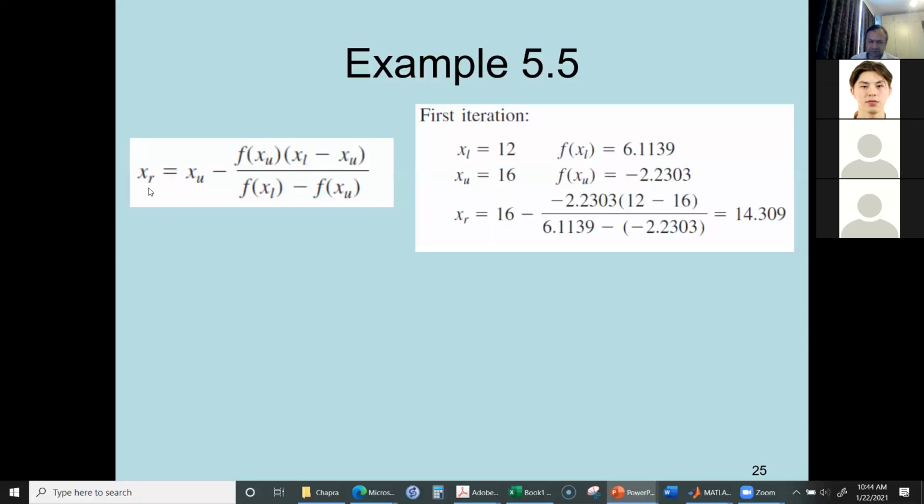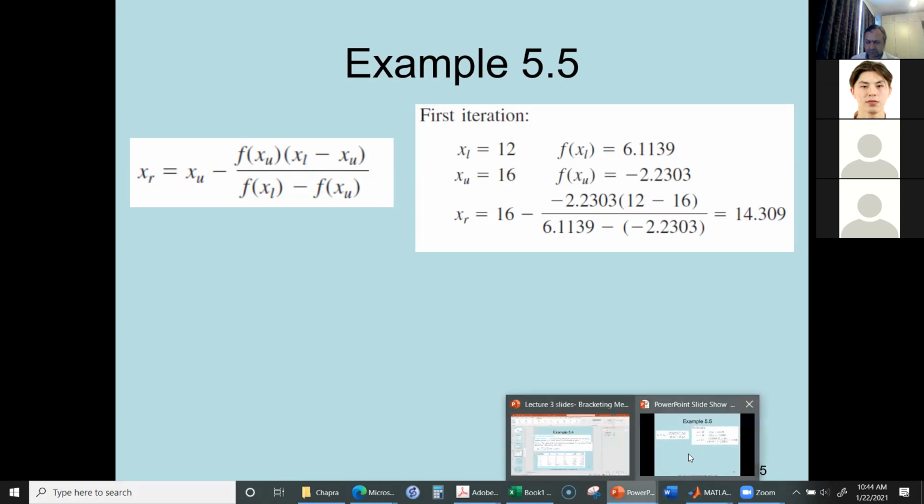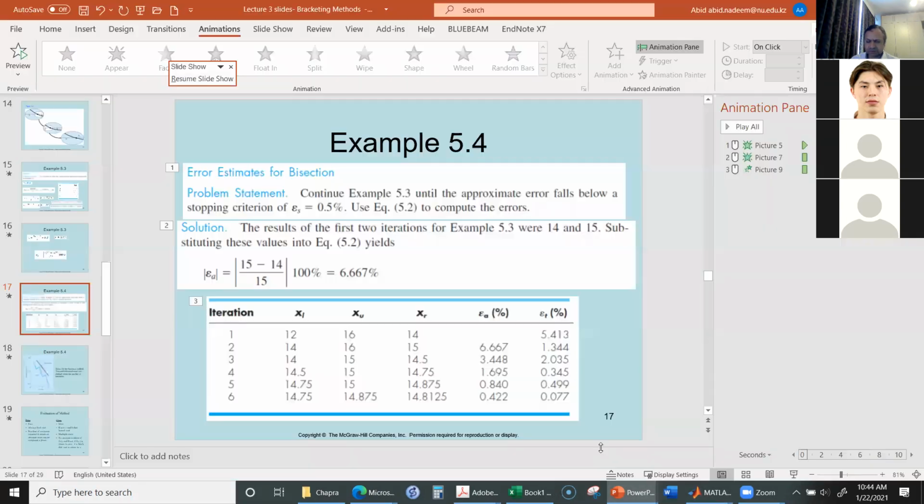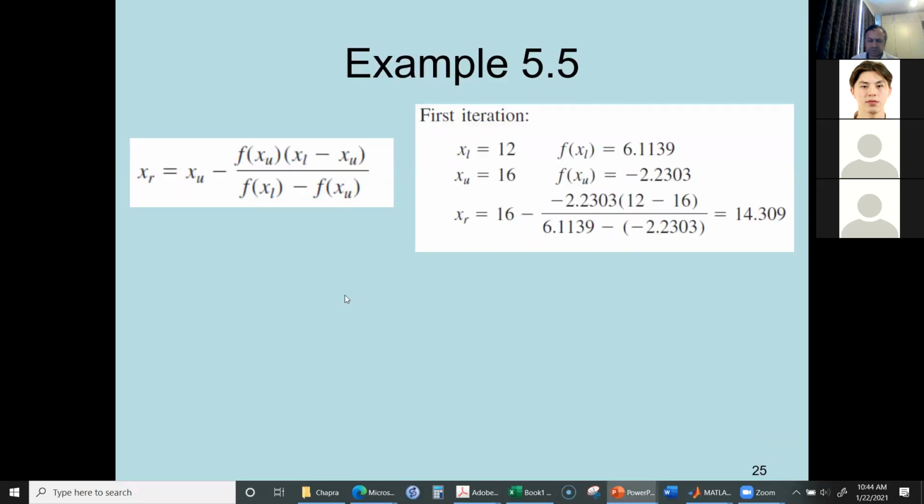Xr is the approximated root, which will be equal to xu, the upper bound x value, minus the upper bound function value times the difference between xl and xu, and then the lower bound function value minus f of xu.